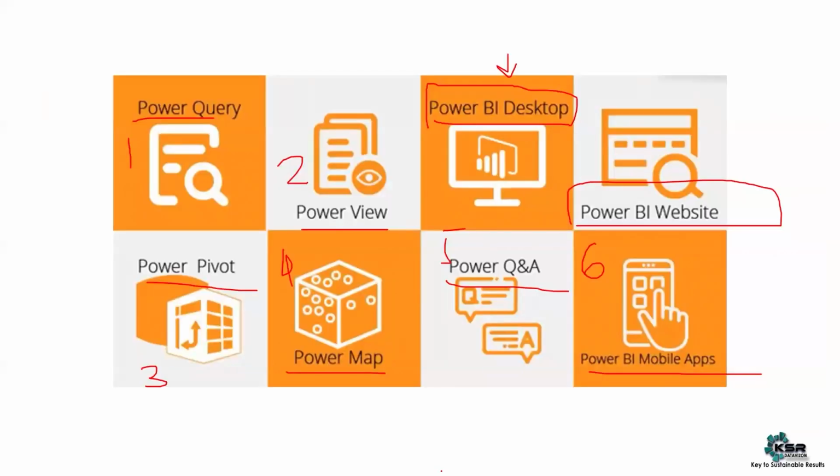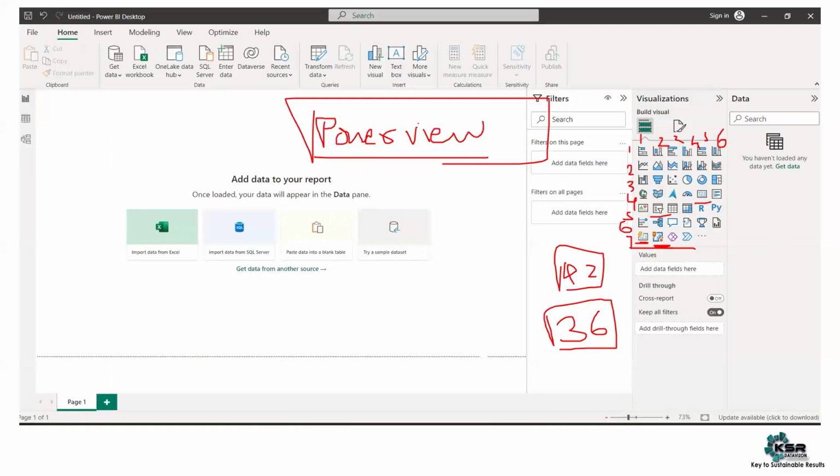If I go back, this is our Power View. This is where you create your visuals. Power Map. You see there is a map visual here, right? This one, this one. These are the map visuals, these 3. So Power Map is nothing but a component which is inbuilt, which is part and parcel of Power View only.